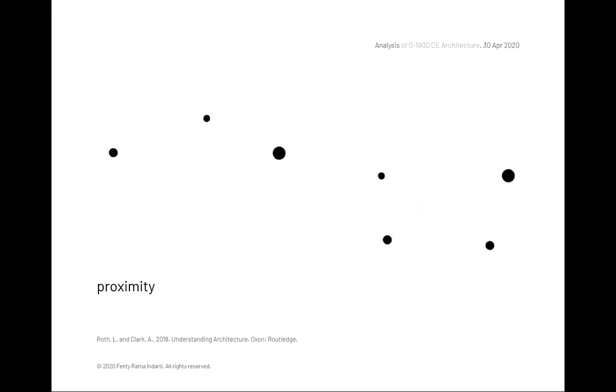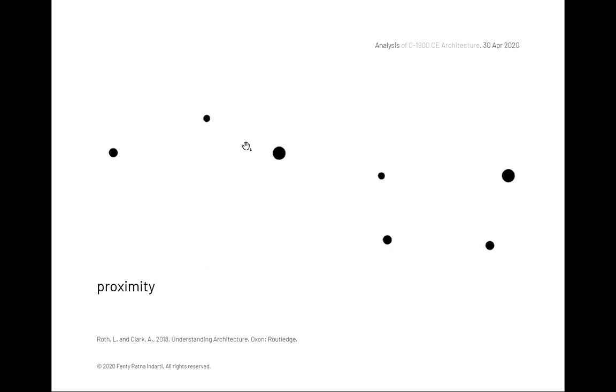For example, proximity. If you want to try to deliver proximity, you can find the pattern here, like the size of the dots. There is a big one, there is a smaller one, and how you arrange them, for example, the proximity from this dot to this dot to this dot is different from the proximity of this dot and this dot and this dot.